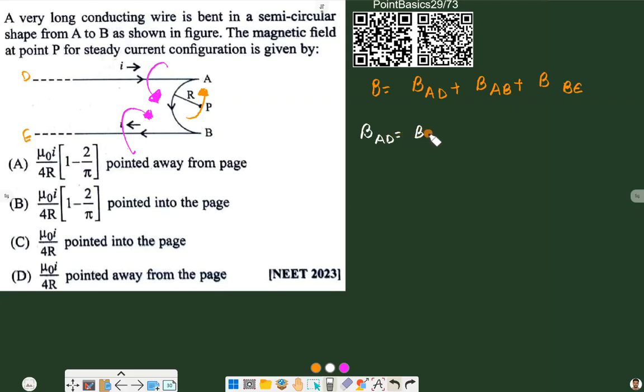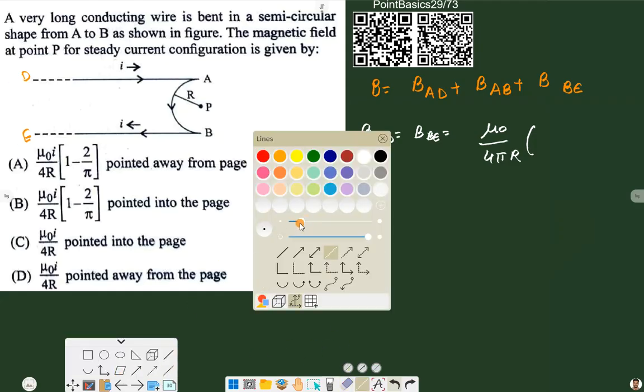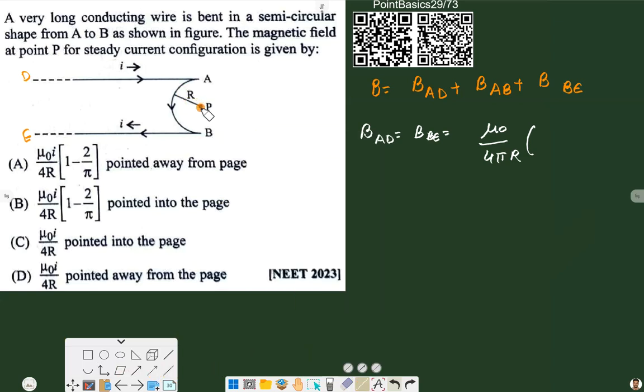So B_AD is equal to B_E, which will be mu naught by 4 pi into distance. That distance is r between point P and the conductors, into sine of angles, and here let me draw the angles. As this conductor is an infinite conductor, this angle will be approximately 90 degrees.